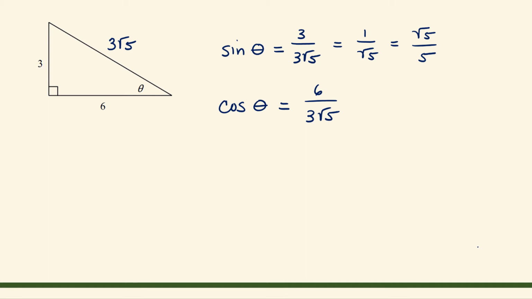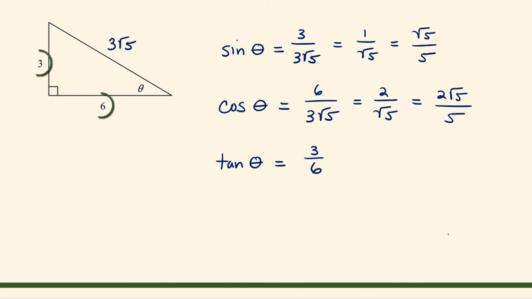Simplifying this fraction results in 2 over root 5, which then becomes 2 root 5 over 5. Tangent theta will equal opposite side over adjacent side, which implies tangent theta equals opposite side 3 over adjacent side 6. Therefore, tangent theta equals 3 over 6, which equals 1/2.